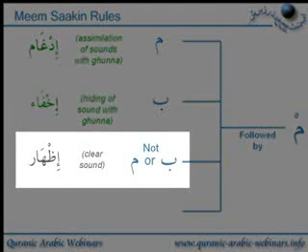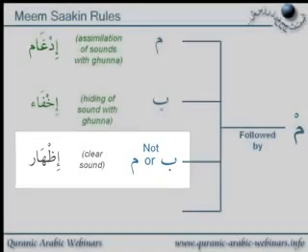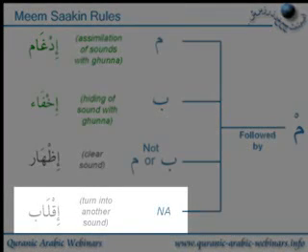If the mim sakin is not followed by either the ba or the mim, i.e. the previous 2 rules, then we are going to do izhar, which means to pronounce clearly, i.e. we're not going to do anything special, just read it as per normal. And the last rule here we've put not applicable, because this term called iqlab, which means changing the sound of one letter into another, does not apply to mim sakin.